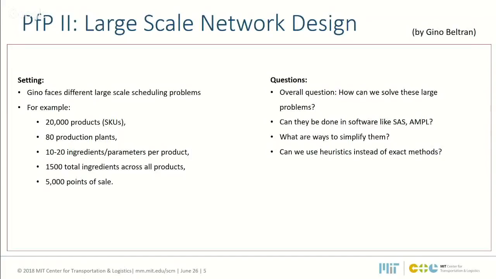Right. And so the second question here, can these be solved with software like SAS or AMPL? Maybe, but I wouldn't. These problems are so big, and there's specialty software for this, and we'll talk about them in SC4X. But companies like SAP, German company, they have something called APO, Advanced Planning Optimization, I think.